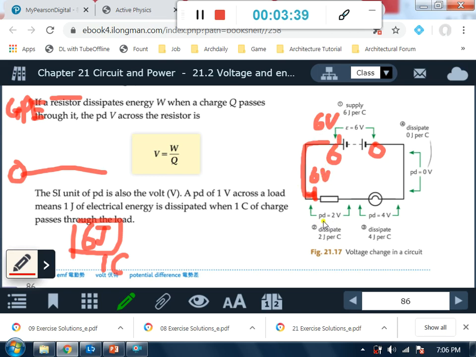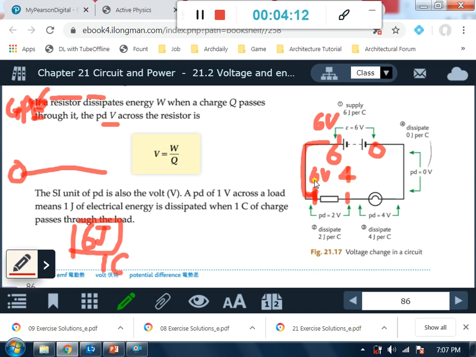But in this case, the circuit tells us the PD should be 2 volt. Here should be the higher potential, for example 6 volt, and then going across the resistor it will drop 2 volt.